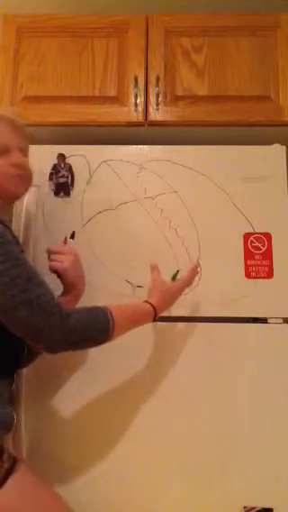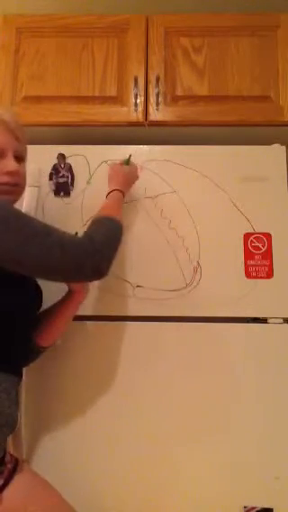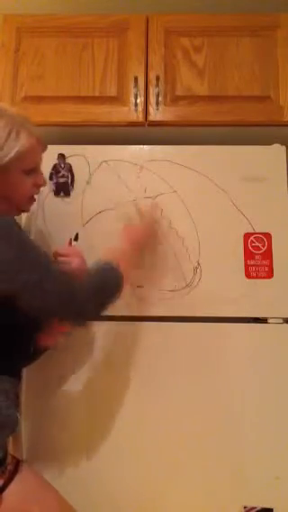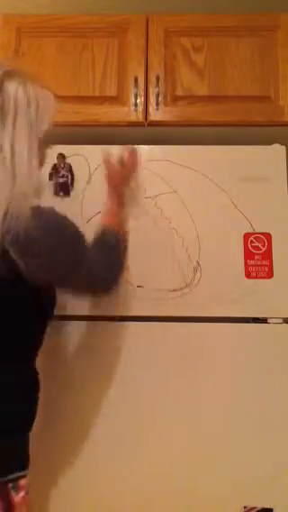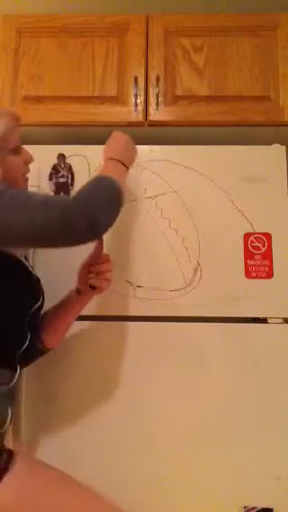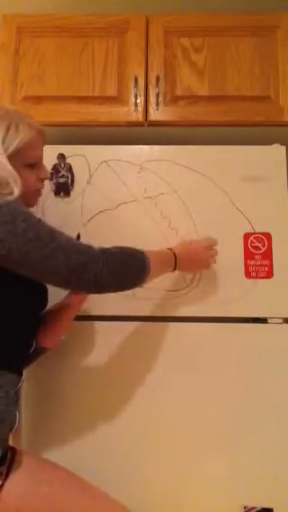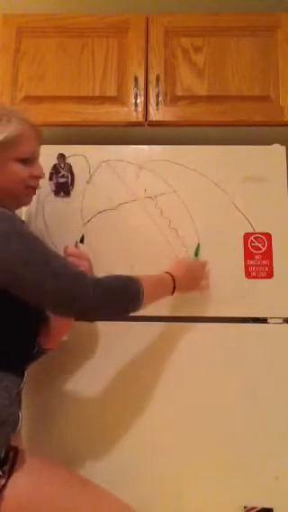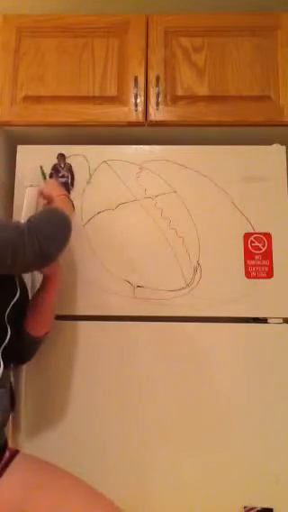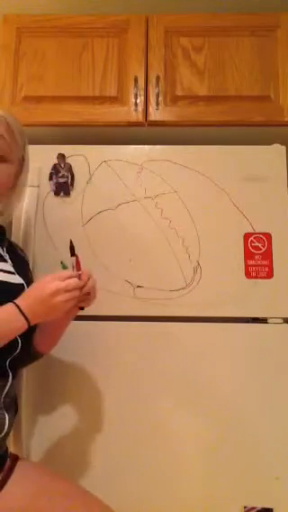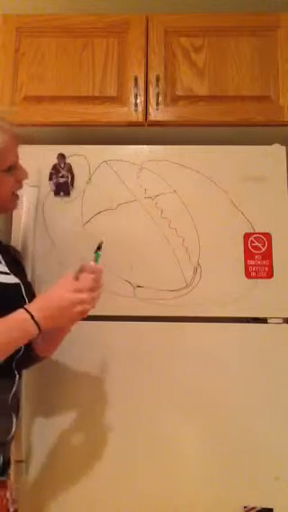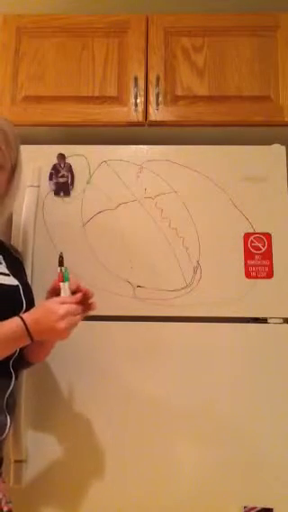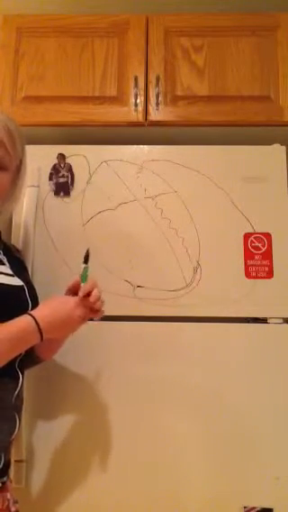Now, the heart pumps from the base up, and I always thought it came down this way, but it pumps out through the top. So it comes out through the aorta, which is actually on top, but I drew it on the bottom, and goes to the rest of the body. So that kind of describes the mechanical and electrical function of the heart as well.